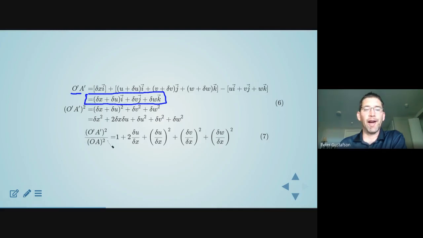And then we can divide that, of course, by OA squared, which was the original. After expressing all of those things and simplifying, we end up with this expression on the right-hand side: 1 plus 2 du/dx plus (du/dx) squared plus (dv/dx) squared plus (dw/dx) squared.